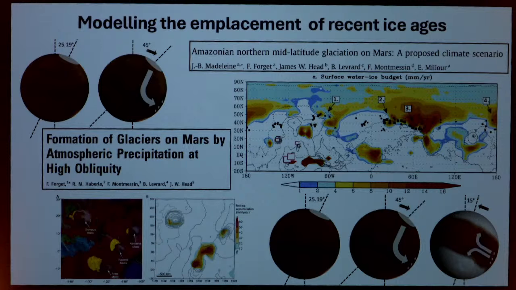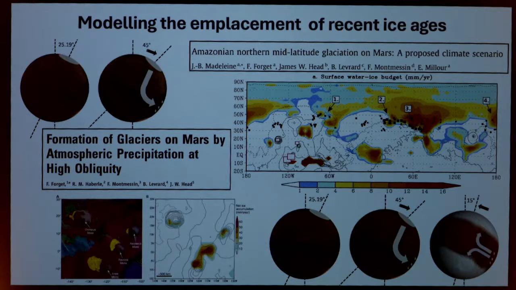It consists of remobilizing the tropical ice deposits that were formed more than 10 million years ago, so that the ice can flow from the tropics and be stable for a short period of time in the mid-latitudes before, since obliquity was low, going back to the northern polar region.